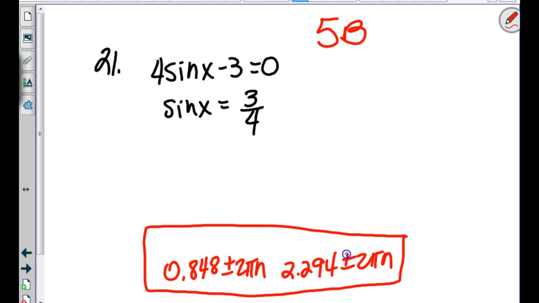Okay. What about 25 through 32? Which ones? It says give exact solutions, so it's definitely not a calculator decimal question, okay? Oh, okay. Exact solutions. Number 26 is a great question because I know what way too many of you are going to do first.